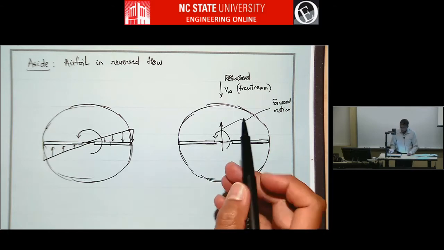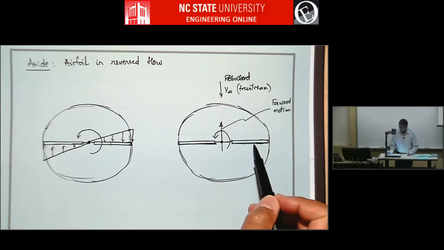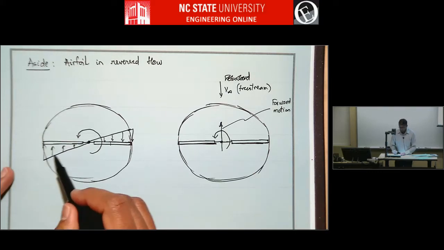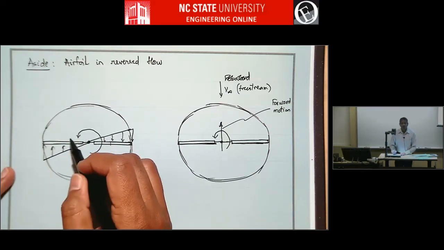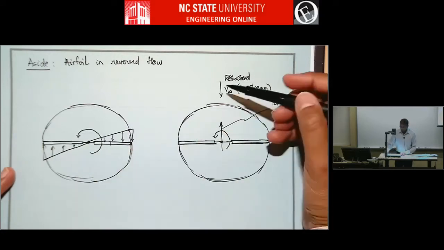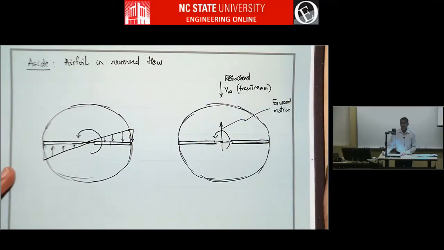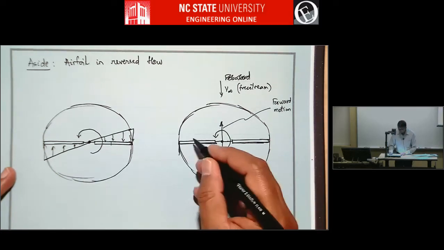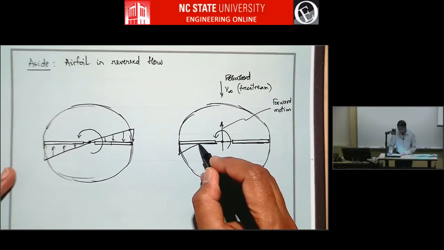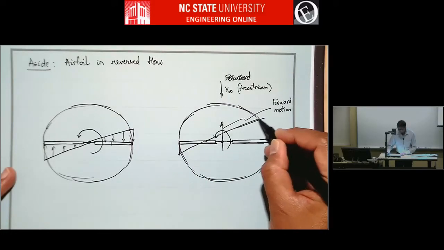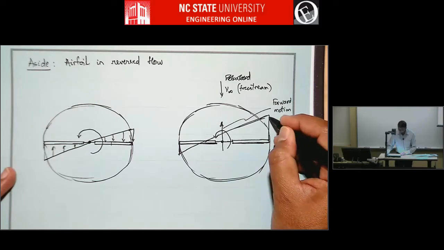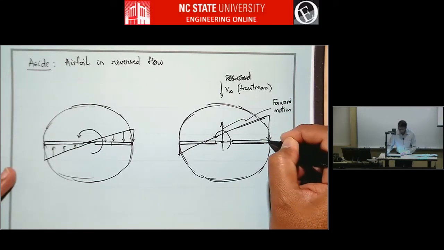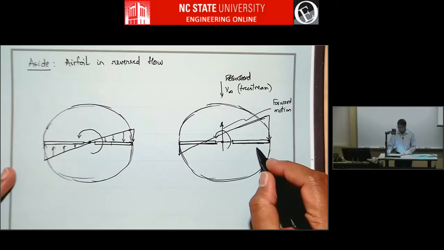So what we have to do now is, every blade section has got tangential velocity due to the rotation, which is the same as this, assuming it's the same RPM. On top of that, this free stream is superimposed. So what happens is, you get a velocity variation like this. This tip is called the advancing blade.